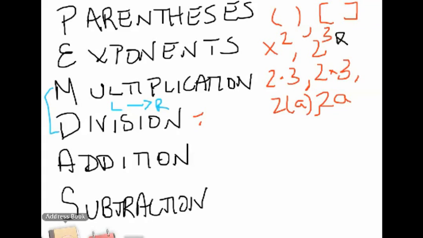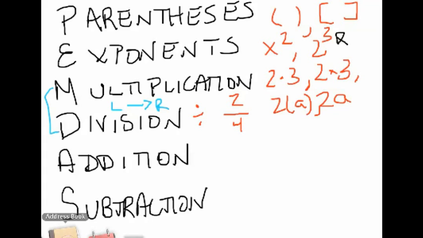Division, I'm sure you've all seen that division symbol. It can also look like the fraction bar, where maybe you have 2 divided by 4.